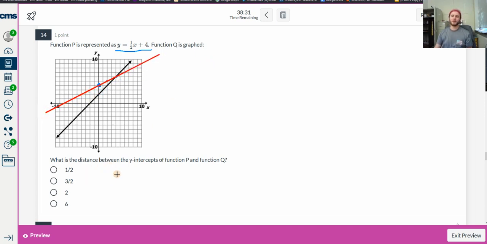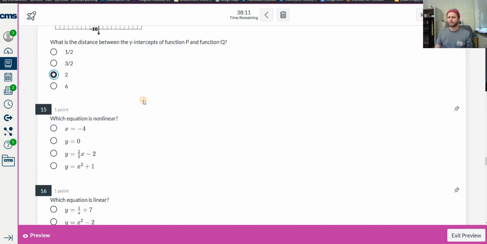So the question is, what is the distance between the y-intercepts of these functions? Well, the y-intercept for this one is 4. Y-intercept for this one is 2. What's the difference between 2 and 4? 2. 4 minus 2 is 2. All right. I guess I didn't have to plot the entire graph for that one.